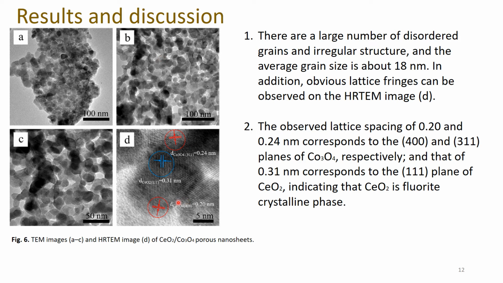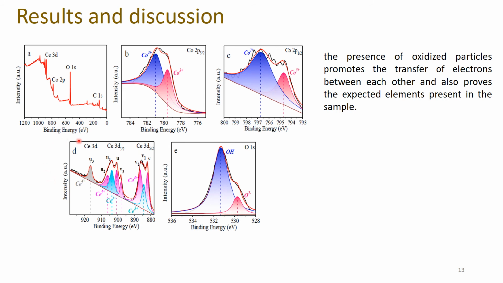And this is the TEM result that reveals the presence of the cerium oxide cobalt tetroxide composite in the specimen. And this is the XPS result that reveals the presence of oxidized particles promoting the transfer of electrons between each other, and also proves the expected elements are present in the sample.